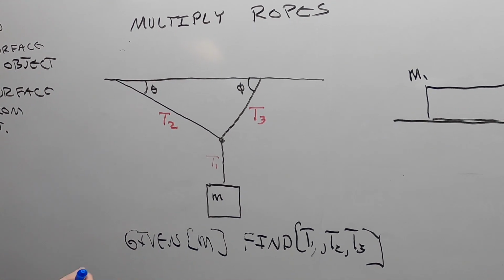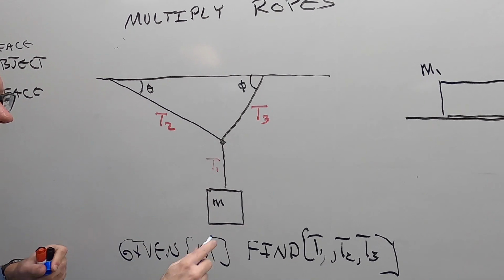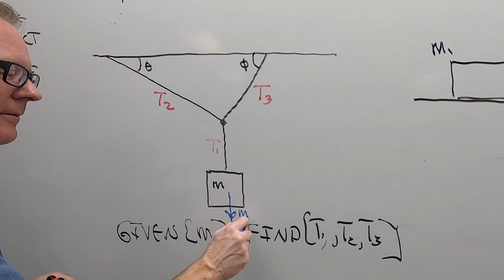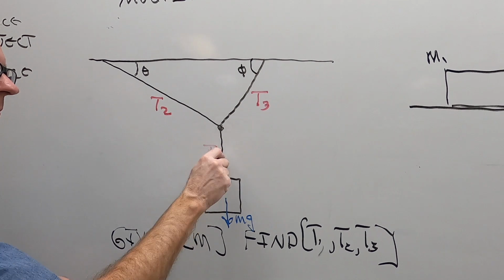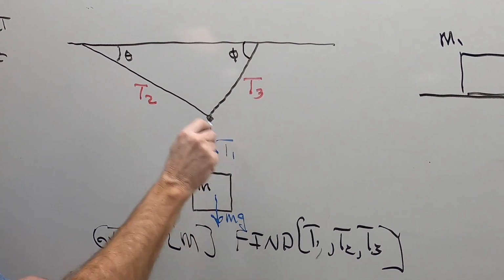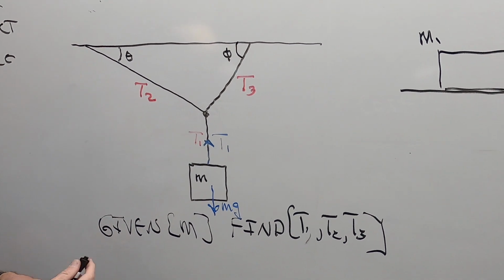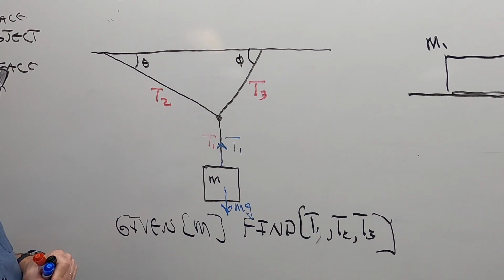Well, if we look at the forces on this object, what do we have? We're going down our list. We have our mg, and we have our tension T1 going up. That's it. We only look at the forces on the object. We know this is in equilibrium. The forces are balanced.